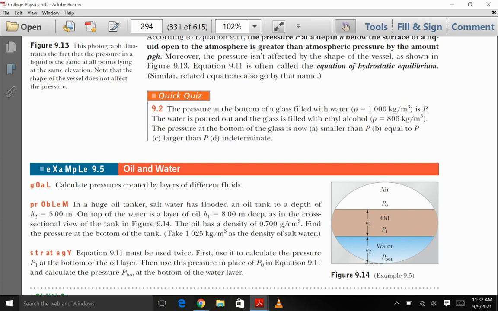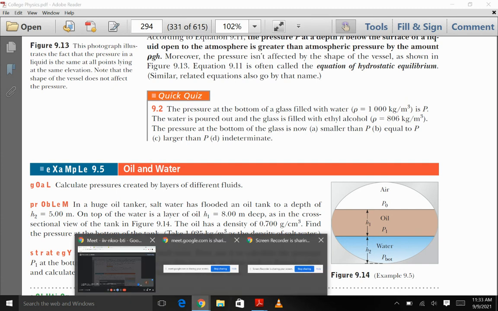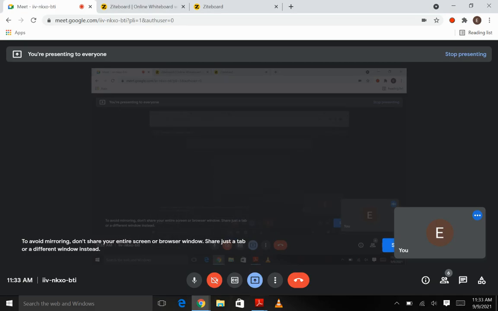The oil has a density of 0.7 grams per centimeter cubed. Find the pressure at the bottom of the tank. And they've given us the density that we're supposed to use for salt water. So basically here, it's what I've just explained. We're just going to do exactly what I've explained.